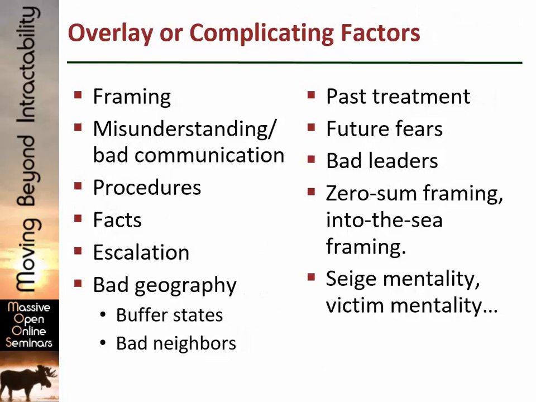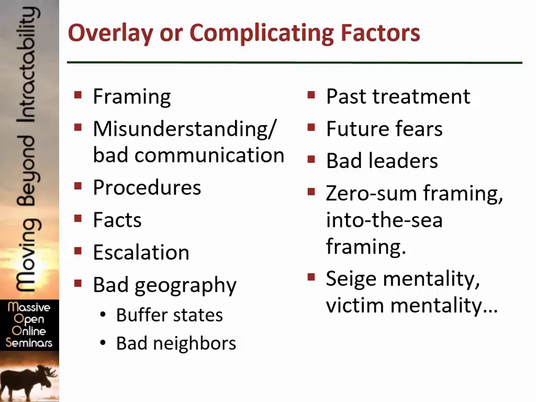Then things that can get laid over the core are lots of other factors that complicate what's going on. Different ways of framing the conflict and the issues. Misunderstandings and bad communication. Procedural differences, when procedures that are expected aren't followed. Factual disagreements.